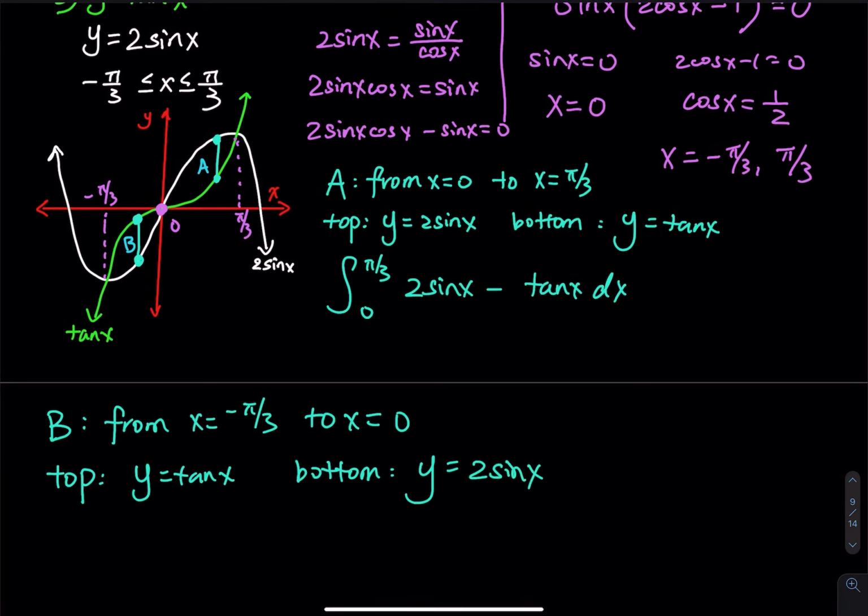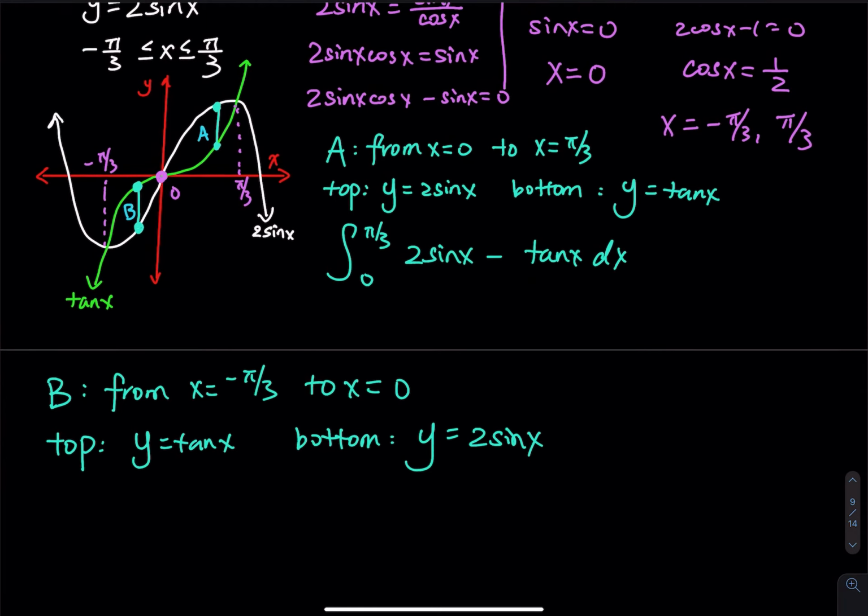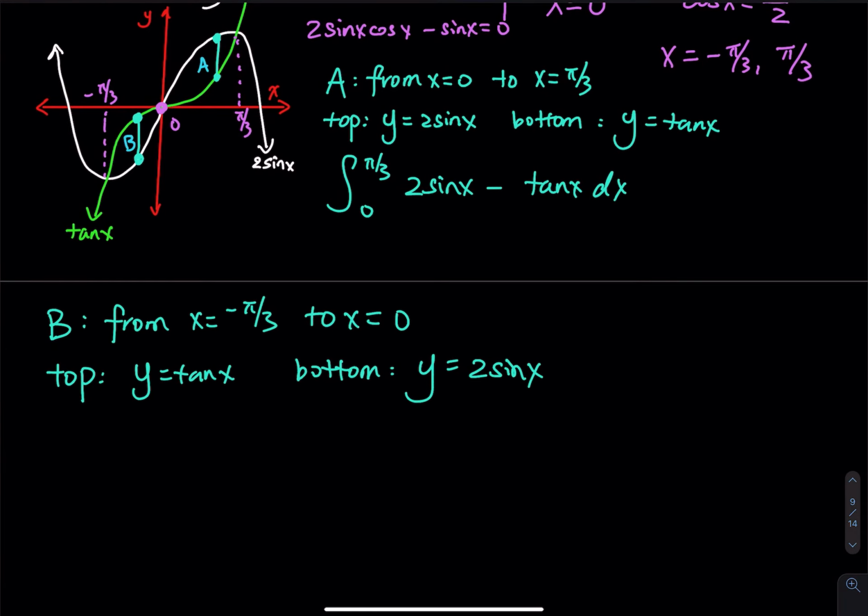Right? Don't jump straight to the integral. Put this down, set up the integral, and then you evaluate, right? And then the integral is from negative pi over 3 to 0, and then you take the top minus the bottom.